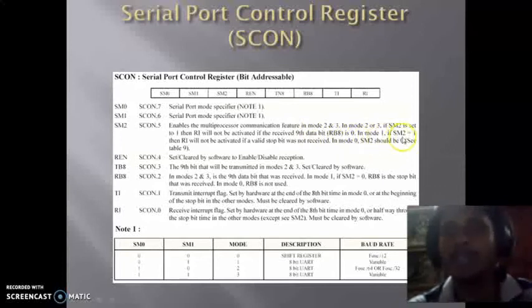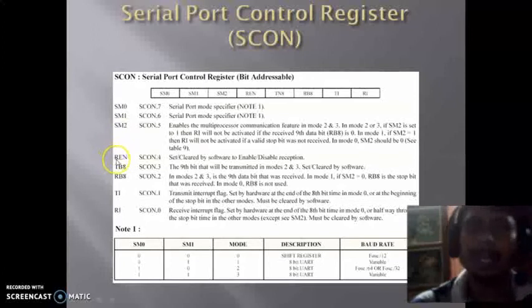In mode 1, if SM2 is equal to 1, then RI will not be activated if a valid stop bit was not received. In mode 0, SM2 should be 0. So those are the functions of SM2.